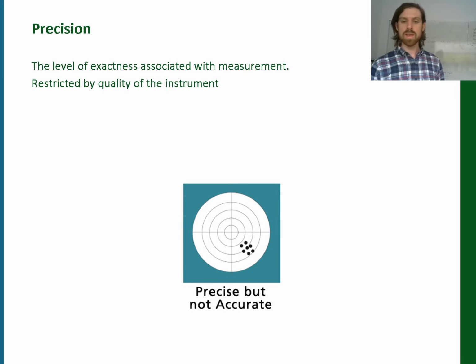So you can see here that maybe we build an arrow throwing device, and it's not actually very accurate. It's not managed to hit the bullseye in the target, but it is consistently propelling those arrows into the same part of the target board. So it's relatively precise. There's not too much differentiation over how the arrows are hitting the board.